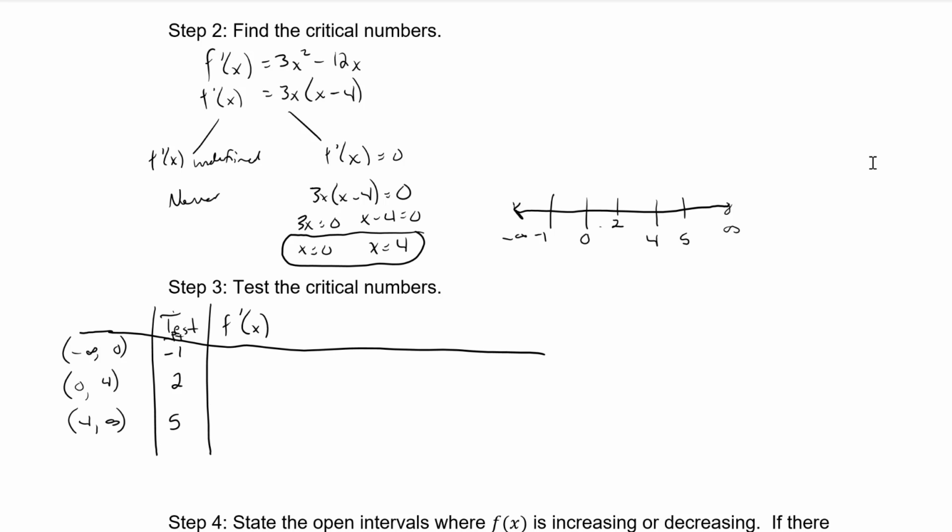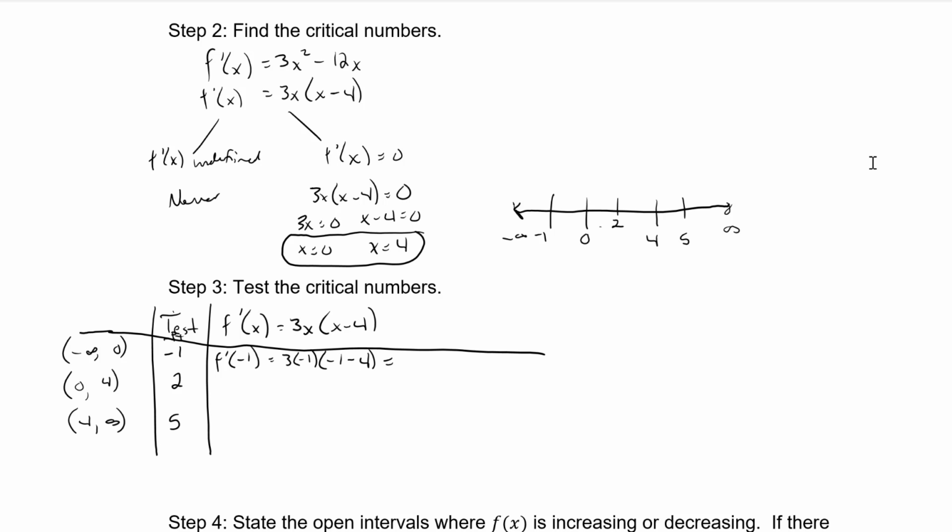So f prime of x, remember, is 3x times x minus 4. If we find f prime of negative 1, that's 3 times negative 1 times negative 1 minus 4. Really, we don't care about what the number is. We care about the sign. Is it positive or is it negative?